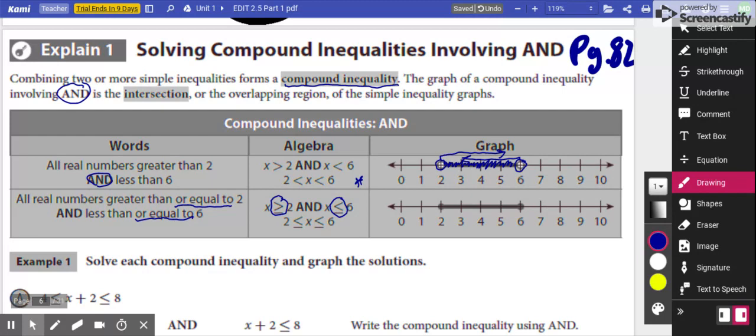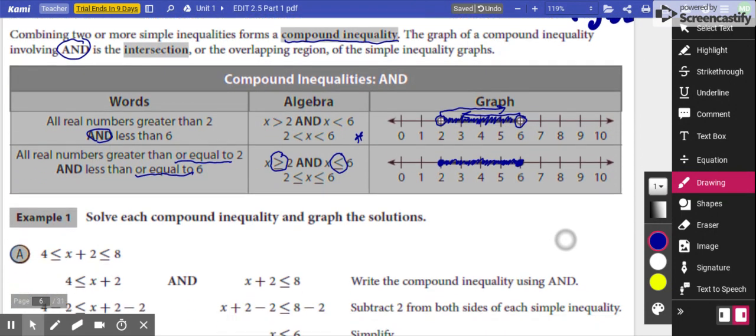Now, the only thing that's different with our graphs is whenever we see that equal sign, now we're including that value. So I'm including 2 and I'm including 6. So I'm going to shade in those two values because now they belong in my graph.